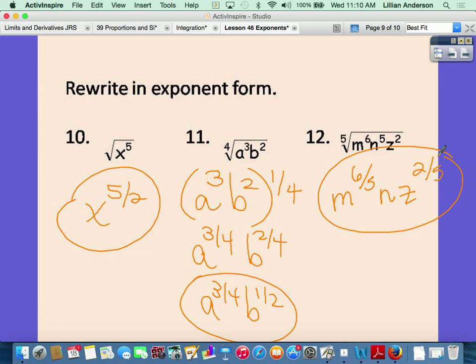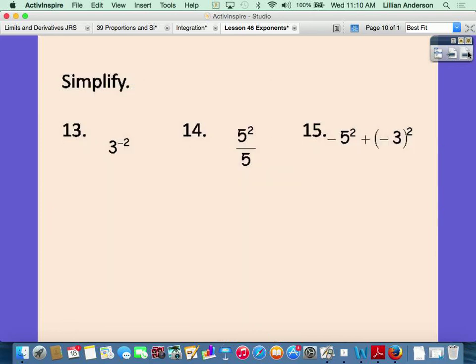That will be your final answer there. And then the last ones. How do I make this exponent positive? 1/3 to the second, which is 1/9. That's your final answer. No need for a calculator there.